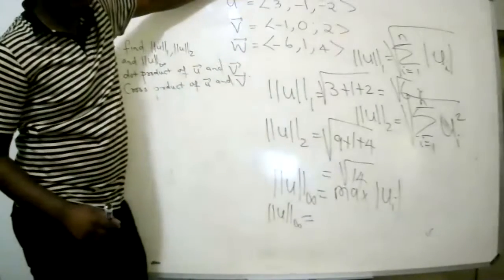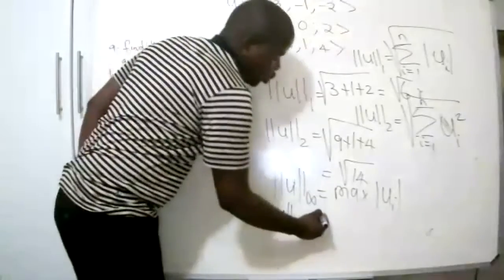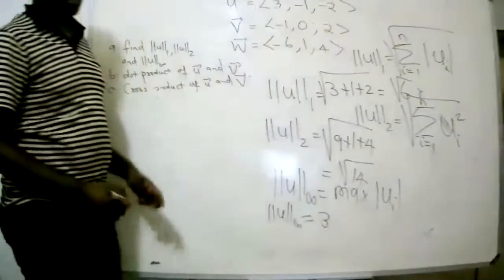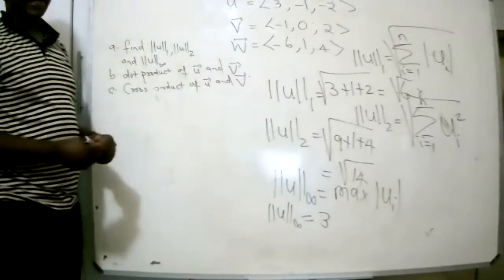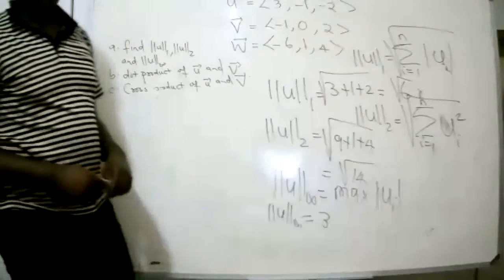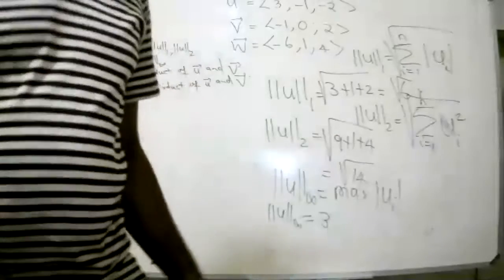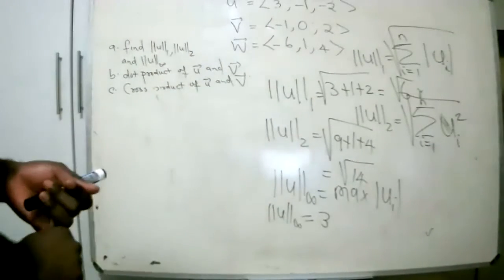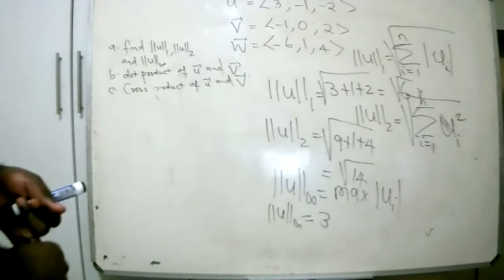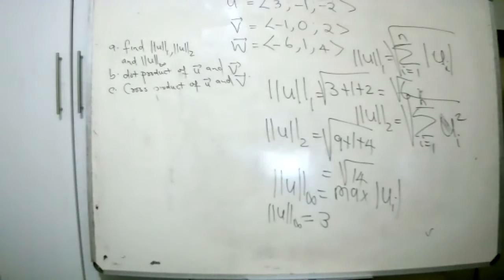In this case, it's going to be 3. Therefore, the infinity norm of u is the value 3. And that's how we're supposed to calculate the 1 norm, 2 norm, and infinity norm.